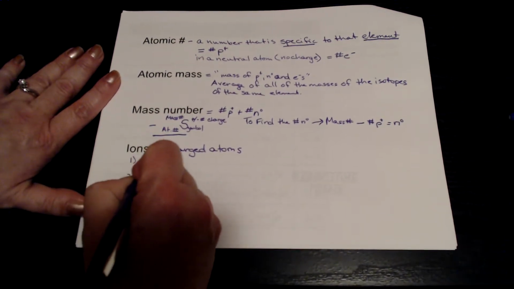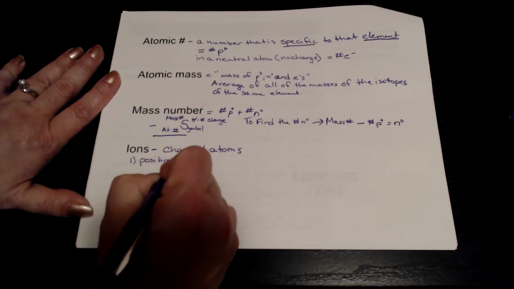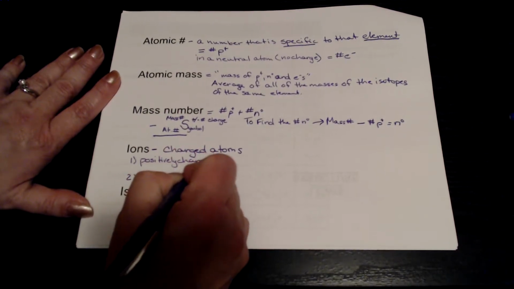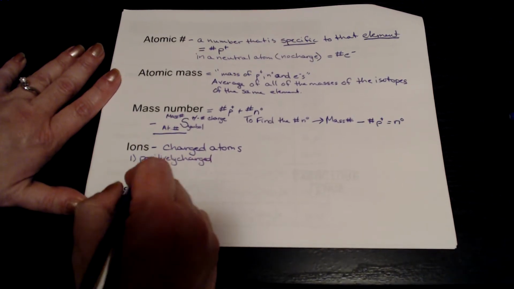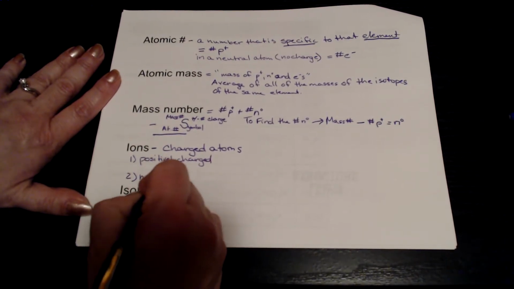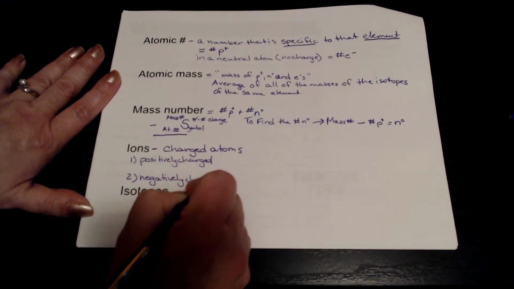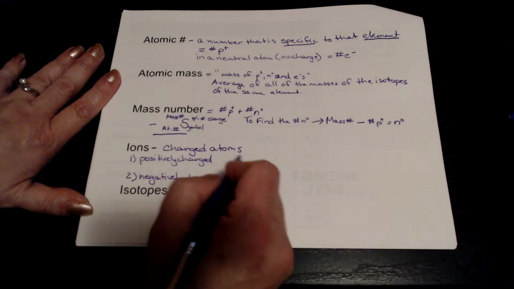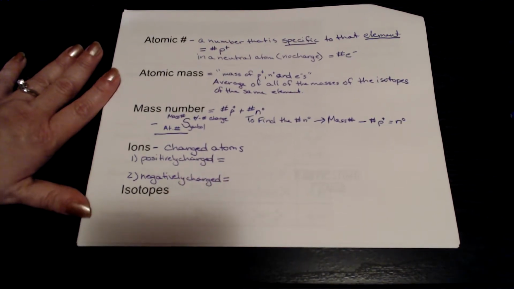We could have positively charged atoms, or we could have negatively charged atoms. And each of them has a name.